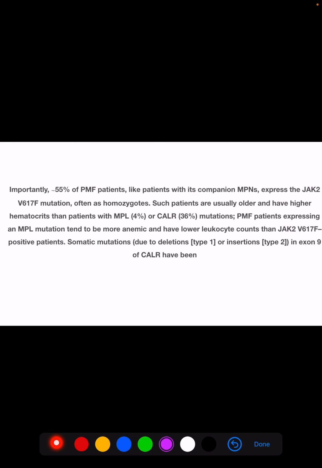Importantly, 55% of primary myelofibrosis patients, like patients with its companion myeloproliferative neoplasms, express the JAK2 V617F mutation, often as homozygotes. These patients are usually older and have higher hematocrits than patients with MPL or CALR mutations.